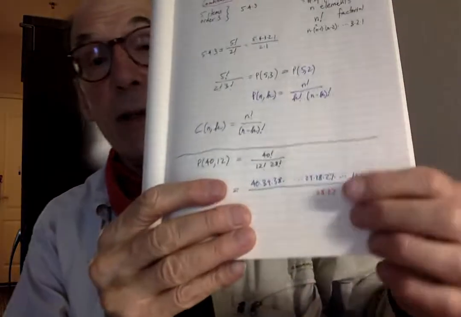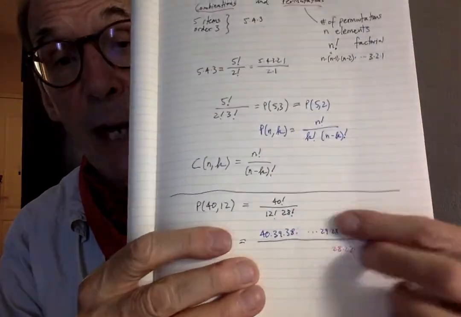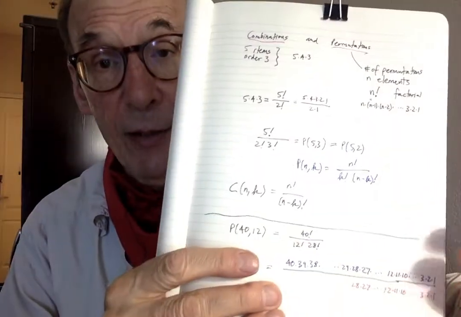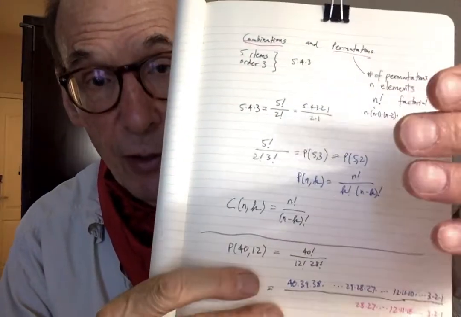So first of all, on the bottom, we've got a 28 factorial. Oh, that's a gigantic number. But what we can do is I'm going to line them up like this. I've got 28 times 27 times ... times 12 times 11 times 10 times ... times 3 times 2 times 1. And our skins are saved because we have 28 factorial on the bottom. That's 28 factors that match up with factors on the top, and so they cancel.